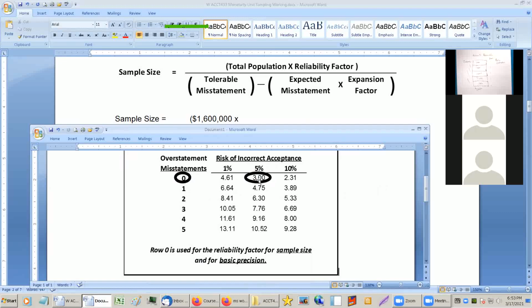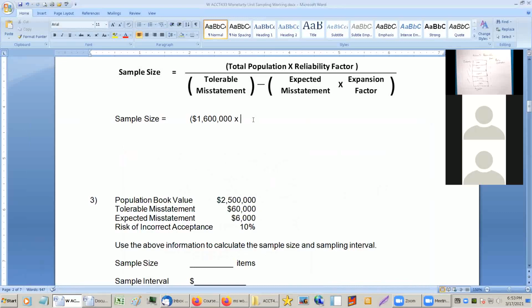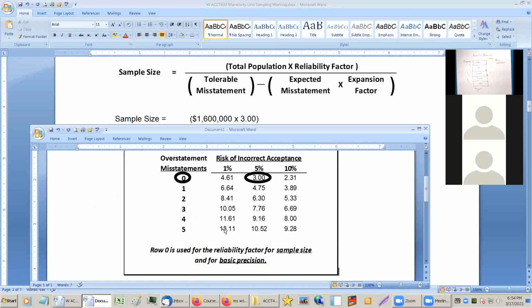We're going to use 3 as our reliability factor. See where I got that? Again, it says right here, row 0.